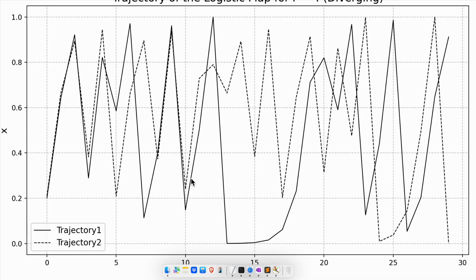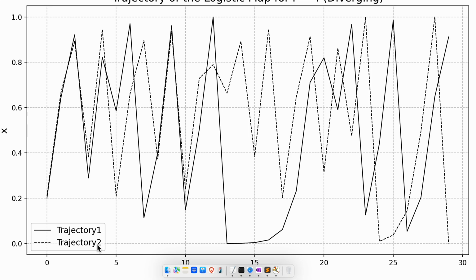Now you can see that trajectory 1 and trajectory 2 remain very close to each other. Trajectory 1 is generated using the initial condition x1, and trajectory 2 is generated using the initial condition x2.